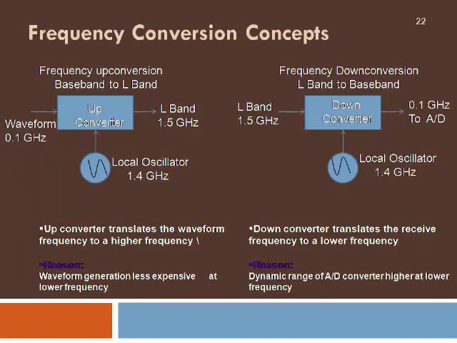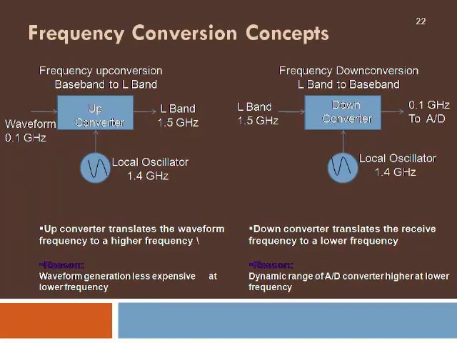So the up converter translates the waveform to a high frequency, whereas a down converter translates the received signal to a low frequency. Waveform generation is less expensive at low frequencies, and the dynamic range of the A to D converter is higher at low frequencies. Hence, as far as possible, we will try to do the processing and generation at low frequencies.